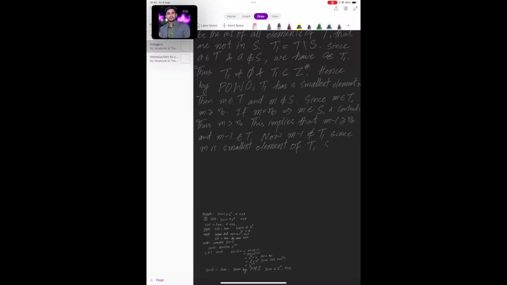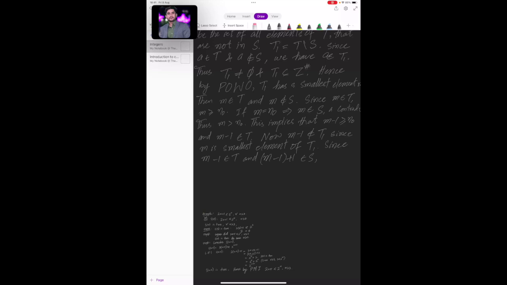And since M minus 1 is inside T, and M minus 1 plus 1 is also inside S because M is inside S. So M minus 1 cannot be inside T1 because M is the smallest element.